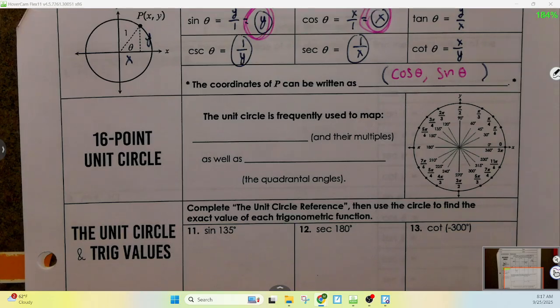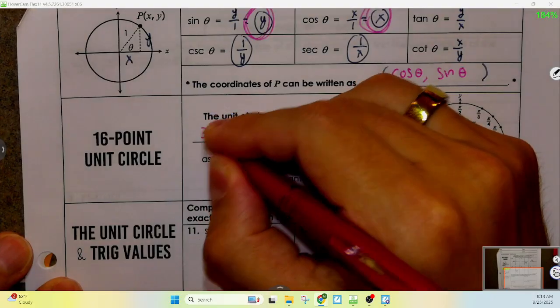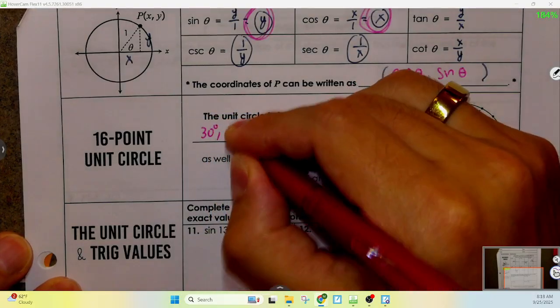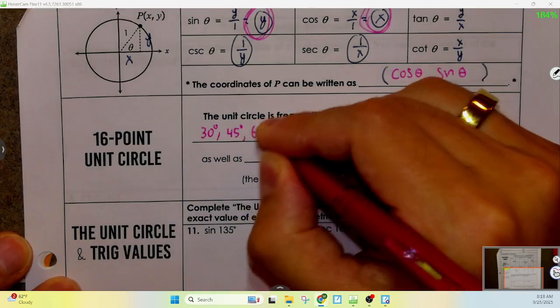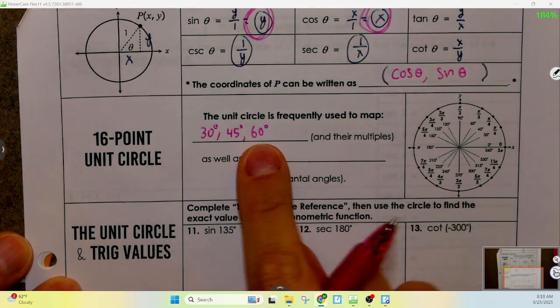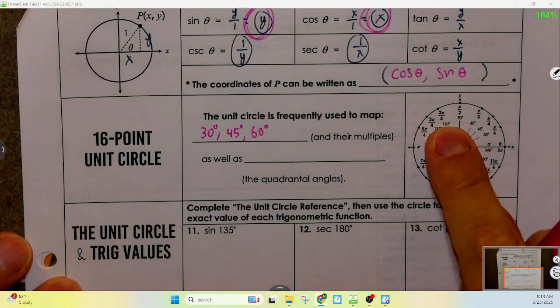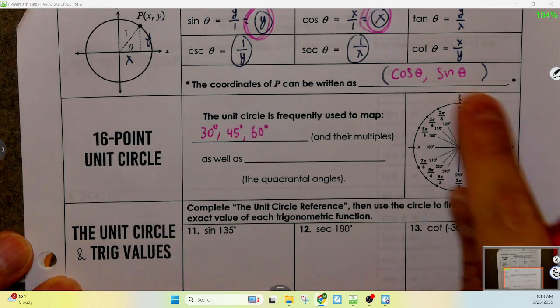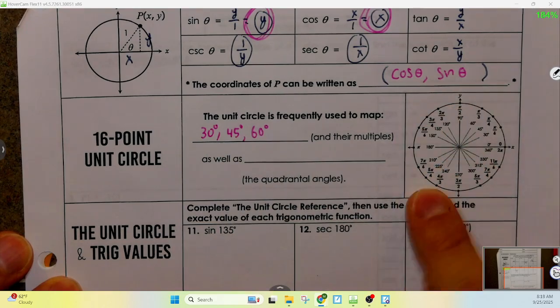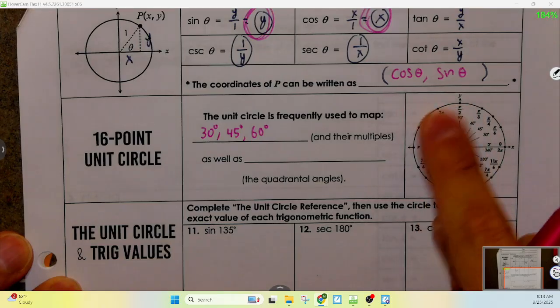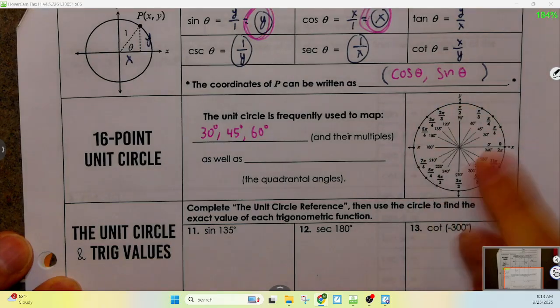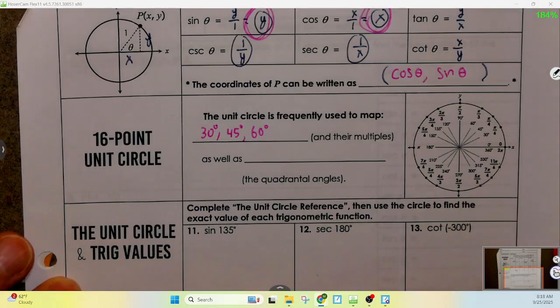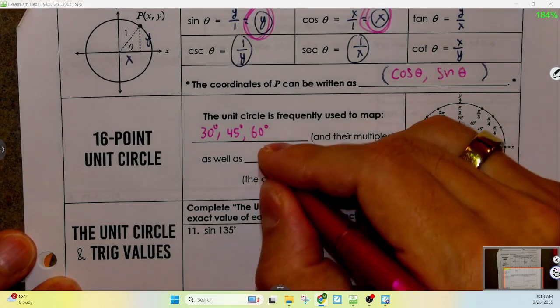So basically, the unit circle is usually used to map these 3 special ones, 30 degrees, 45 degrees, and 60 degrees, and their multiples. So 60 times 2 is 120. We're here. 45 times 5 is 225. So we're here. All of these have something to do with 30, 45, and 60. However, we also care about the quadrantals, which we just learned about.